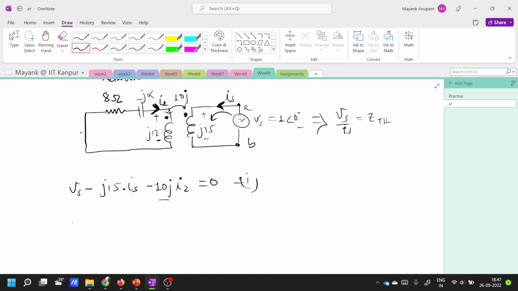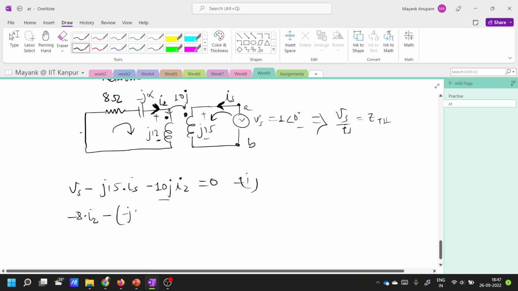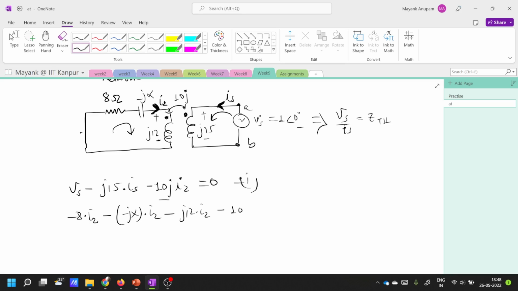And the second equation here will be for this loop KVL. In this case it will become minus 8 times I2, plus minus of minus jX times I2, again minus of j12 times I2, then minus of 10j times Is is equal to 0. This is the second equation.